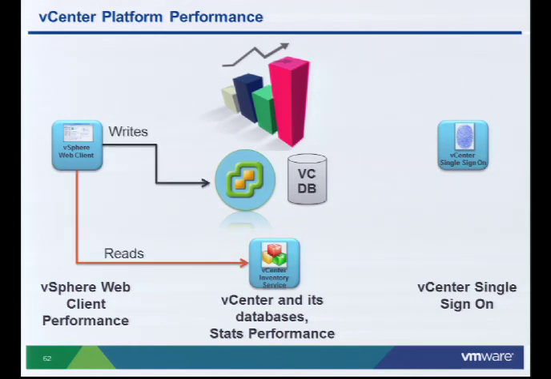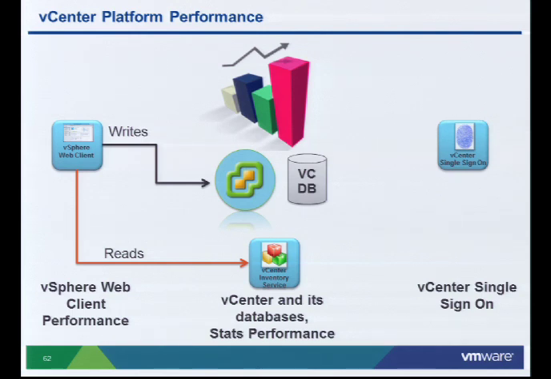One of the reasons for this improvement in performance, and the fact that vCenter spends less horsepower serving up the needs of the client, is because of this thing called the inventory service, right? We keep talking about this inventory service, but we never really explain what it is or what it does. The inventory service is essentially a cache of all of the objects that vCenter stores. So all the VMs, hosts, resource pools, clusters, all of that information is stored in the inventory service as well, and they are in sync with the actual objects that live in the VC database.